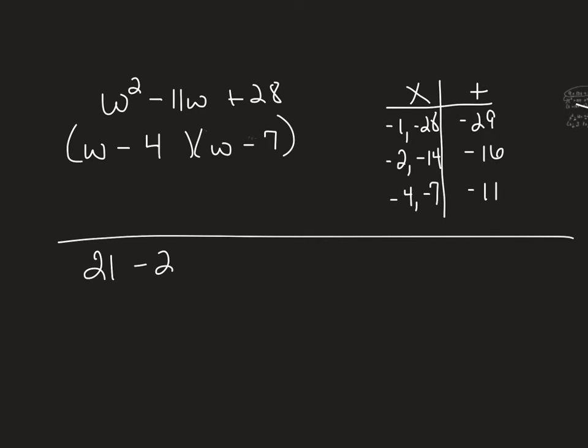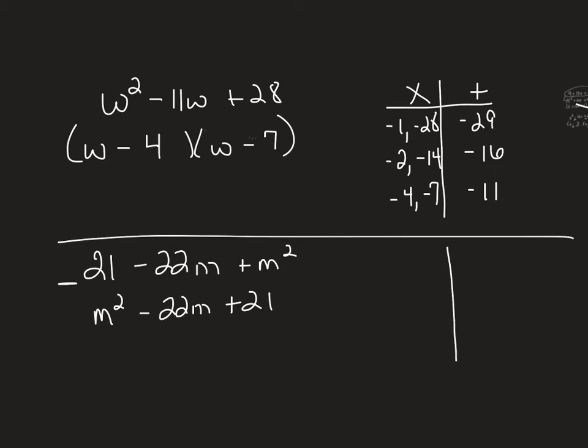21 minus 22m plus m squared. Again, I don't like having that m squared at the end, so I'm just going to rewrite it. I'm going to let the m squared and the 21 switch places. M squared minus 22m plus 21. Notice there's no sign here, but that means it's positive.